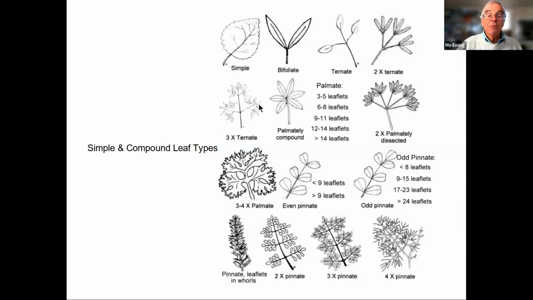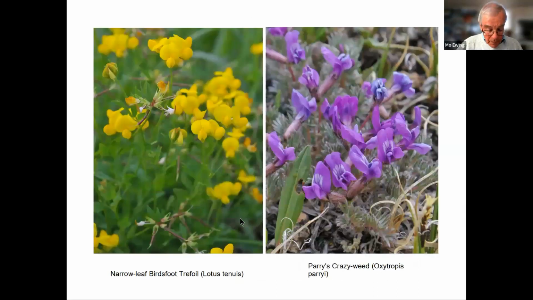So let's take a look at some peas. This guy is called narrow-leaf bird's foot trefoil. This is one of the things that you're going to see, like in Ackerfield. She named this plant the same as William Weber and Whitman did.